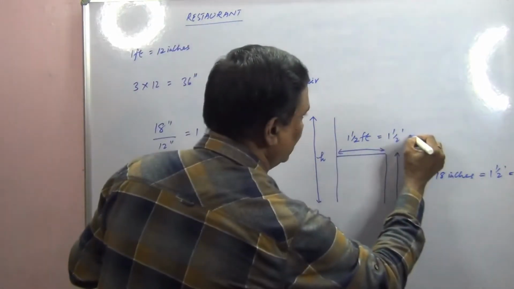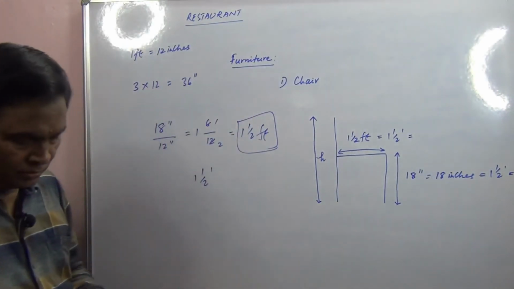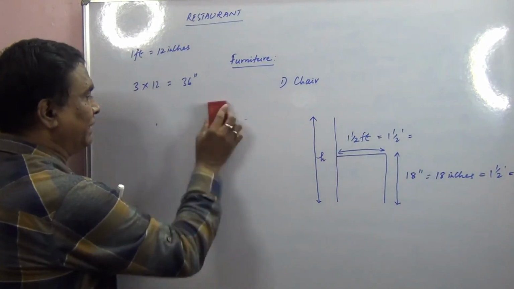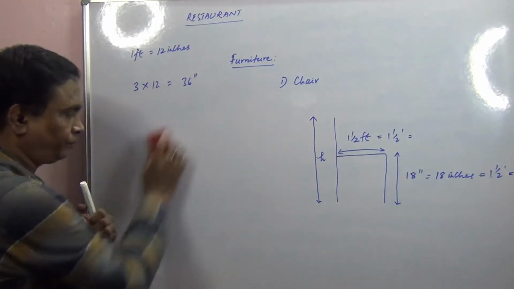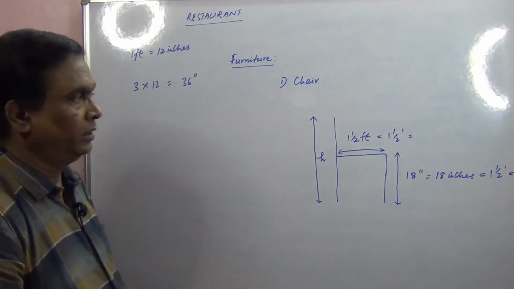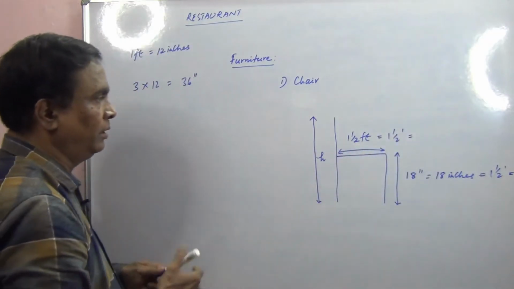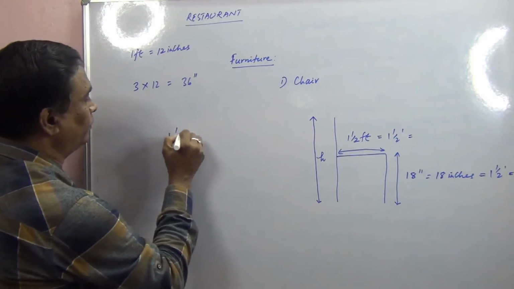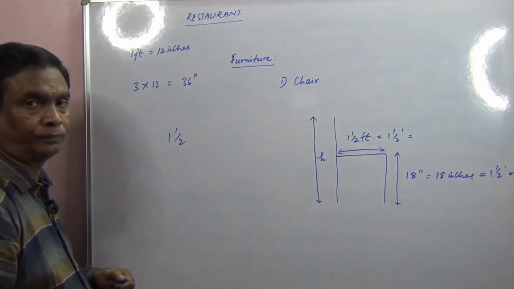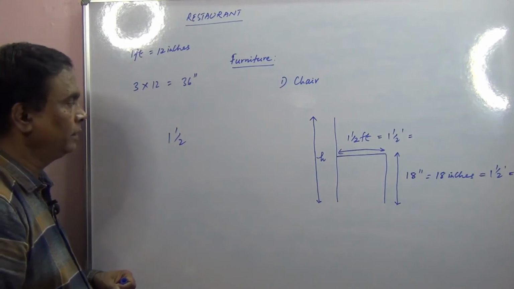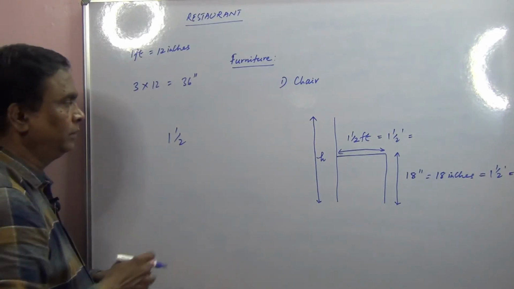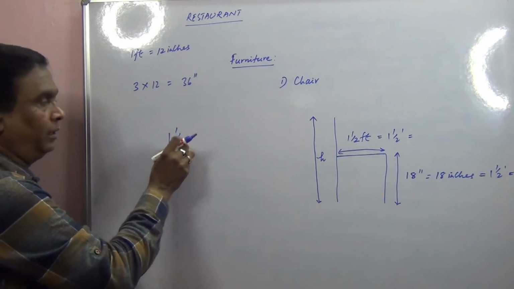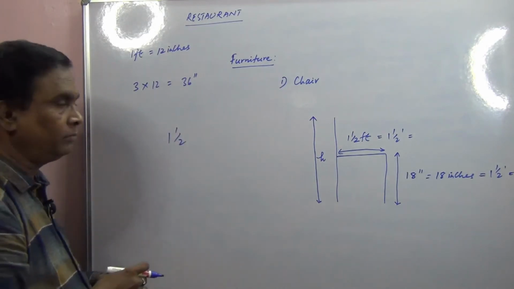Now we would like to convert into inches. Now how do you convert? What is the formula? Here is the formula for converting feet into inches, for suppose take this is 1.5 feet. Okay. Now first of all convert the mixed fraction into a fraction.